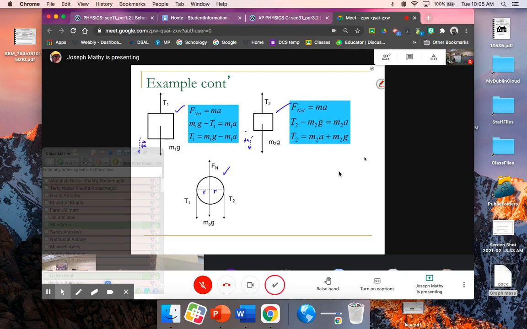Remember, this one is going up. Okay? So that T2 is now positive, minus M2G equals M2A. Remember, it's an Atwood's equation.